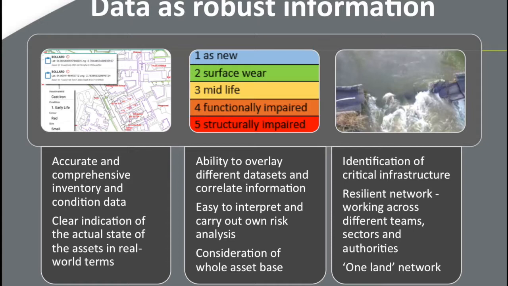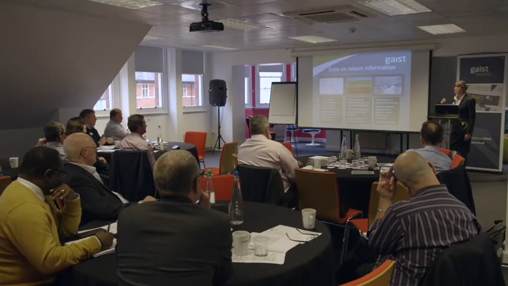And again, consideration of the whole asset base, which does make it very complicated, because there are different standards for different assets, different things going on, but it does at least allow you to identify where there might be prime consideration required of all those assets. And that leads on to things like the identification of critical infrastructure and the resilient network. And again, the point about this is that it's working across different teams.